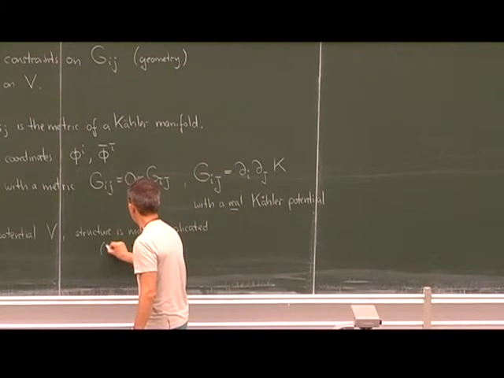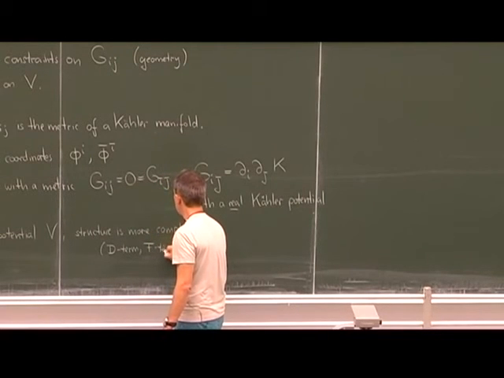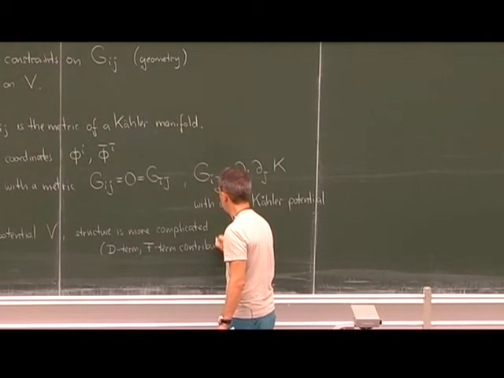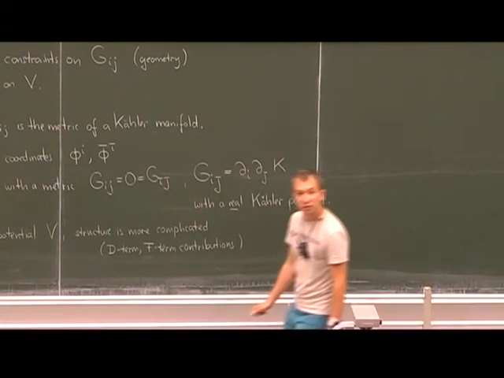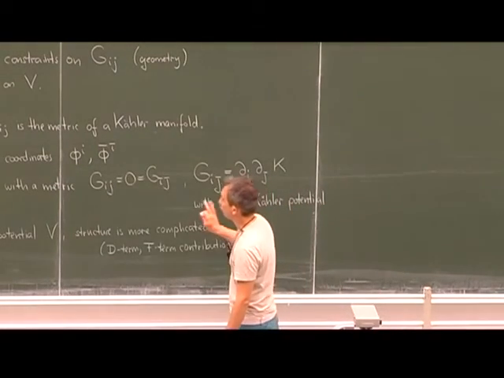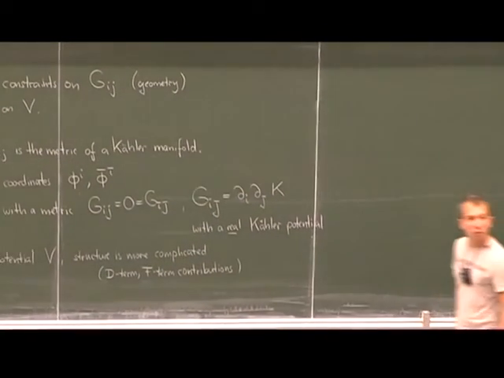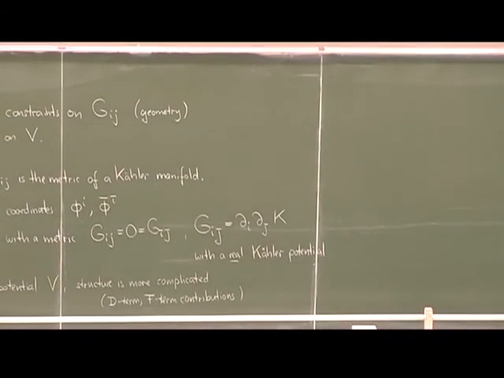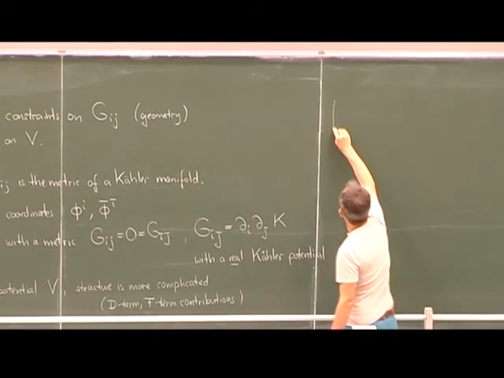Various contributions, called the D term, the F term contributions, some constraints which this thing has to satisfy and so on. But as for the geometry, as for the kinetic term, all there is is this structure of a complex manifold. So that's what scalars do in supergravity.